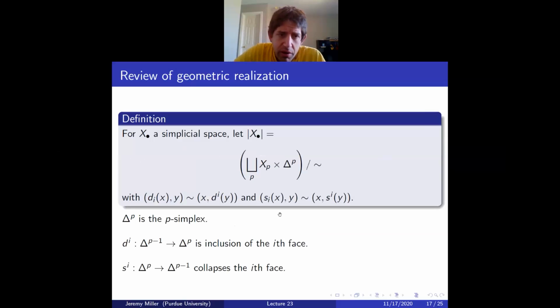What we're going to do is describe the geometric realization in terms of iterated pushouts.